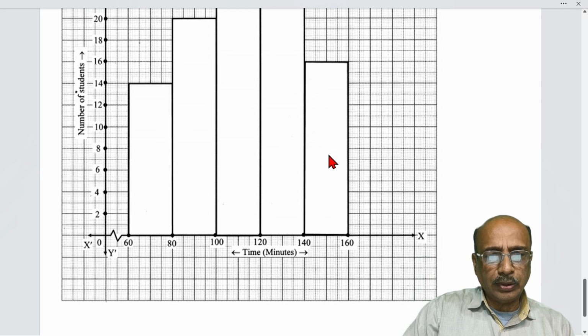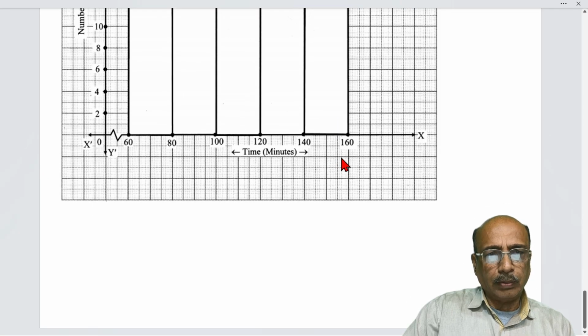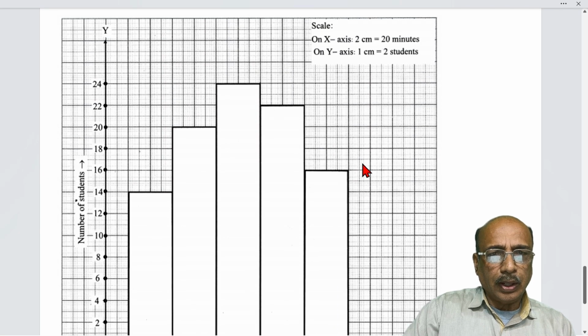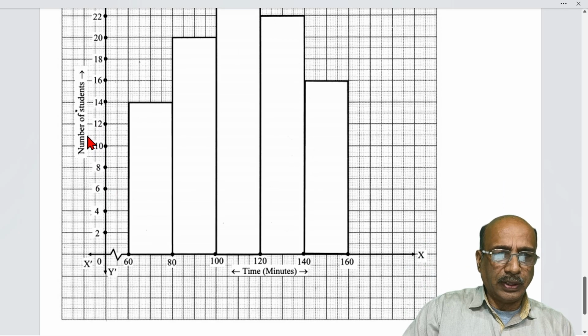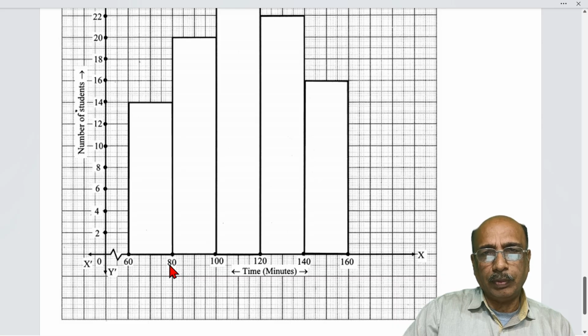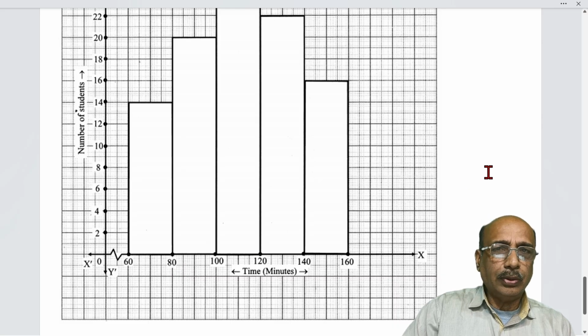So like this you can draw the histogram. I am sure you have understood. Again I repeat, it is very important to write the scale, and to write what the x-axis and y-axis represent. Don't forget to give the crick mark, because 0 to 60 is here and 60 to 80 is 2 centimeter.